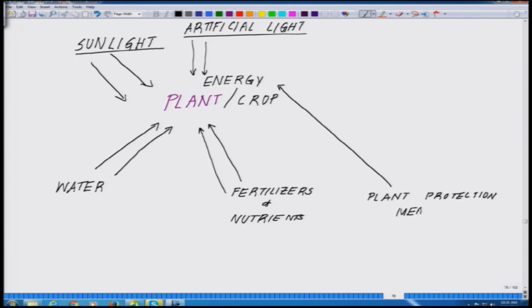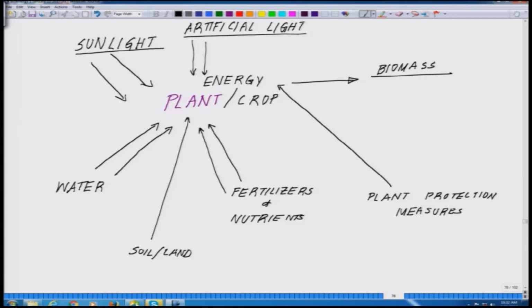After all these things, what you are getting as output is in the form of biomass. Of course, if you are growing it on someone else's land, then you have to pay the soil or land charges.